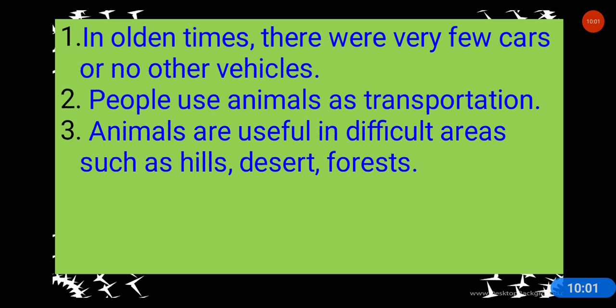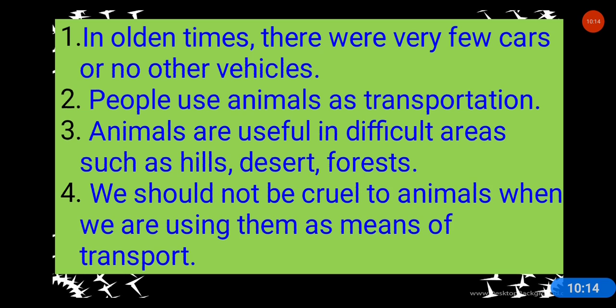So we may use them for transport because they are useful in difficult areas such as hills, deserts, forest, but they should be treated well, right? We should not be cruel to them when we are using animals as means of transport.